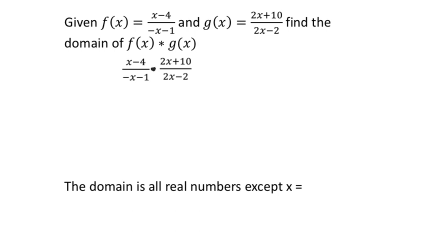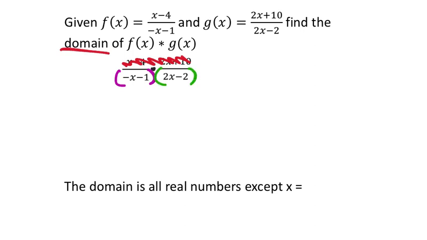From here it would essentially be fraction multiplication, but we still wouldn't worry about the numerators in terms of the domain, because all I'm looking for here is the domain. I don't really care about simplifying these. What we end up with is the f function denominator, but also the g function denominator as well.